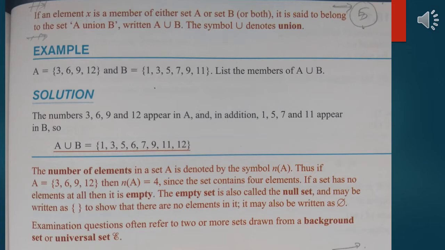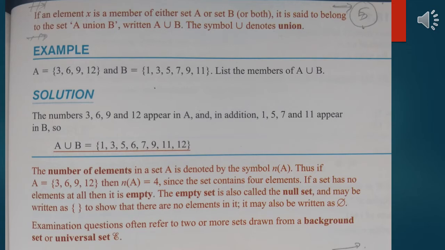The number of elements in a set A is denoted by the symbol n(A), where n comes in front of the set A in brackets. Thus, if A is {3, 6, 9, 12}, then n(A) equals 4. It is not addition, subtraction, multiplication or any other mathematical operation.